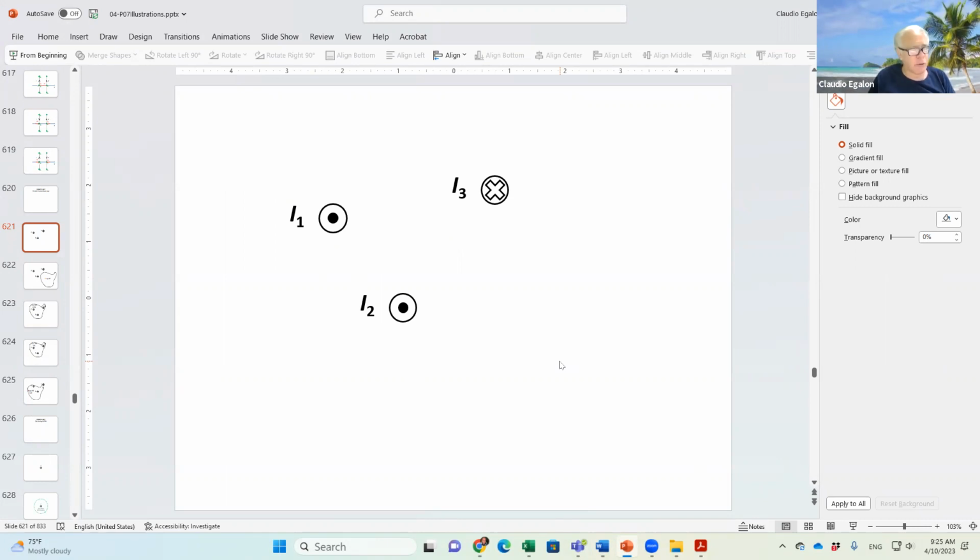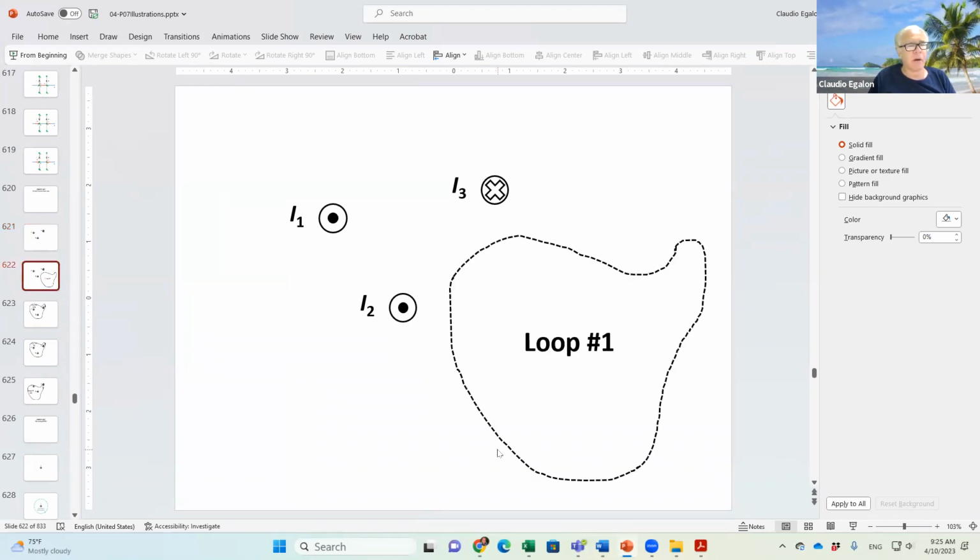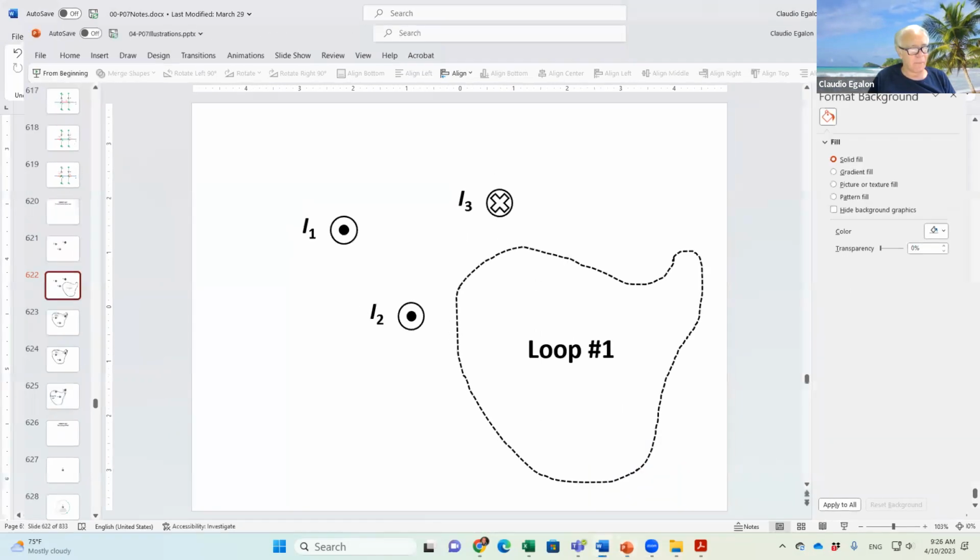If I choose an Amperian loop, for instance, in this way here, the same way that I choose a surface, you can see this loop is not enclosing any of those currents whatsoever.